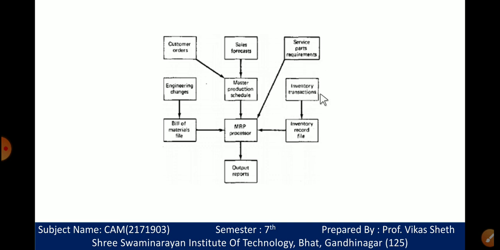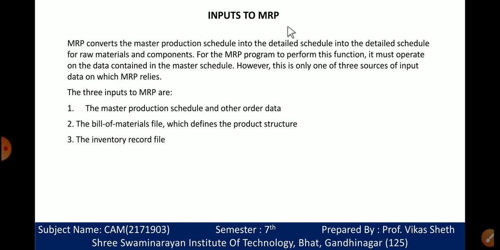Same here, inventory transactions, inventory control, and the inventory record file are all inputs for the MRP processor. After that, the MRP processor processes and finds the requirements used for production, and finally gives some output. So this is the basic input of the MRP.